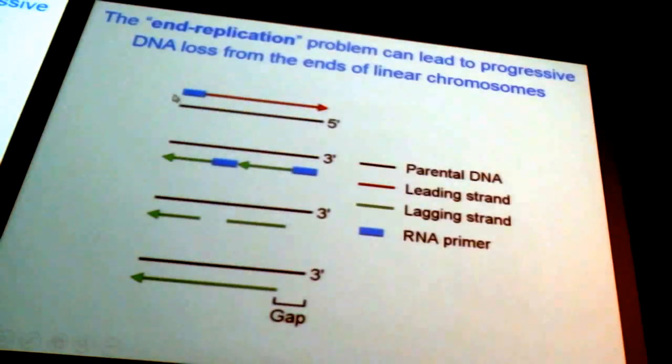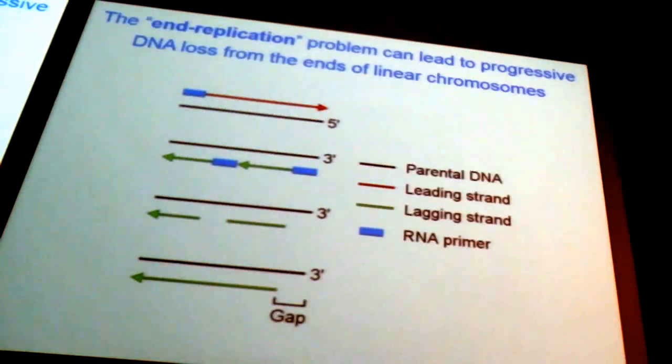You can imagine it's going from 5' to 3', replication in red, or in green for the lagging strand. In both cases, after you finish, or here even as you start, there's a gap at the end. So what will happen if the cell keeps dividing and keeps dividing its DNA, progressively you'll get a shrinking from the end, and you could be left with no DNA, depending on the number of cycles that you go through.